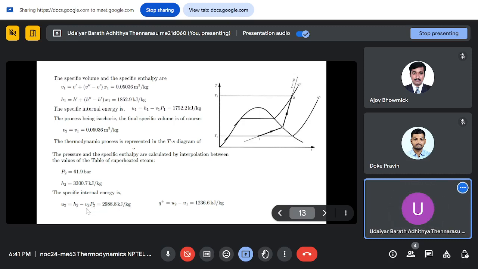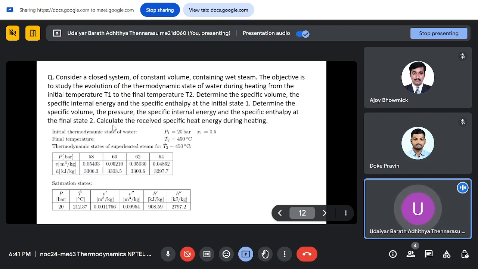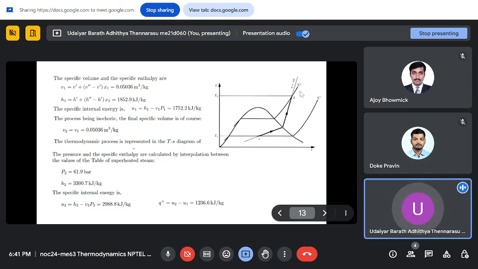Next, they ask to calculate the total amount of specific heat energy received during heating. So to go from 1 to 2, how much heat we have provided. This being a closed system, if you apply the first law, Q minus W equals the change in internal energy. There is no work done in the system, so work done is 0.